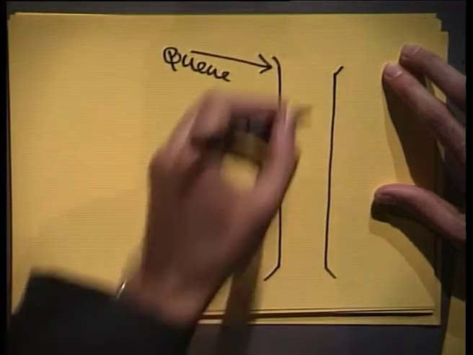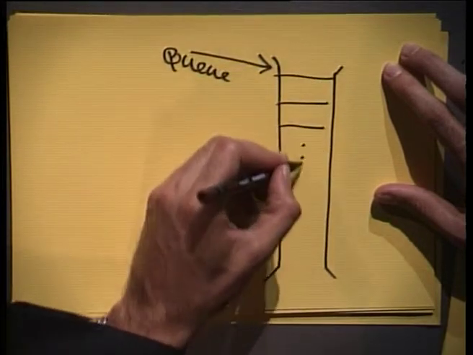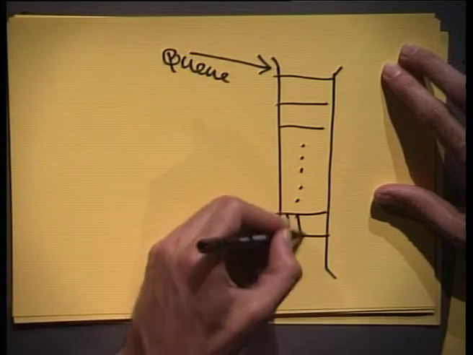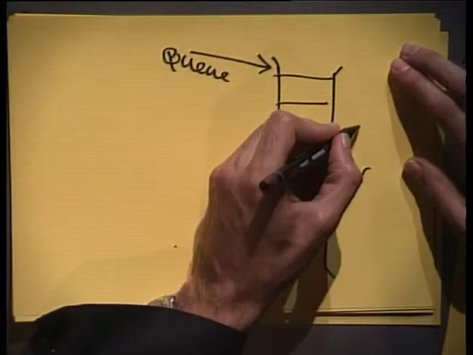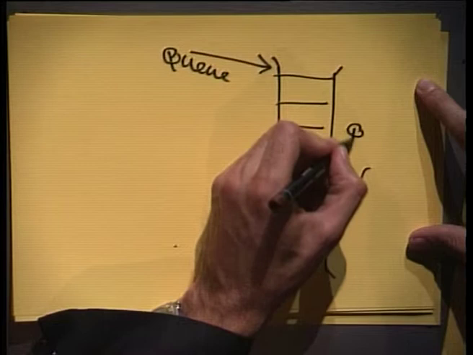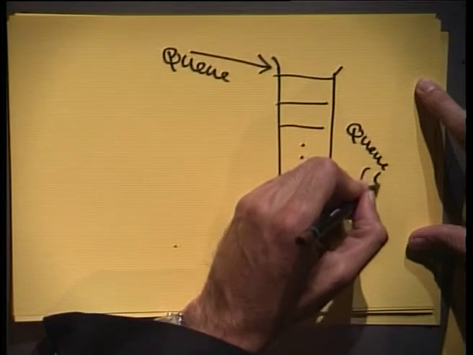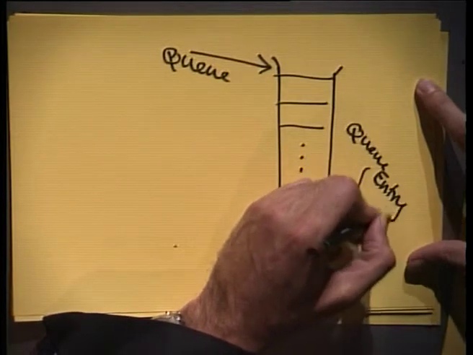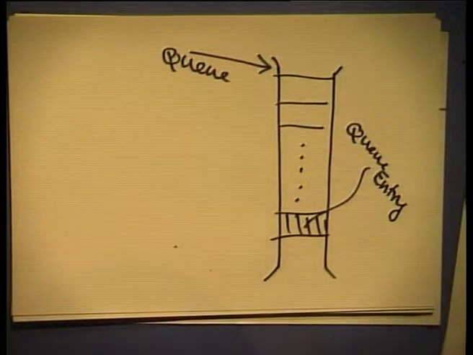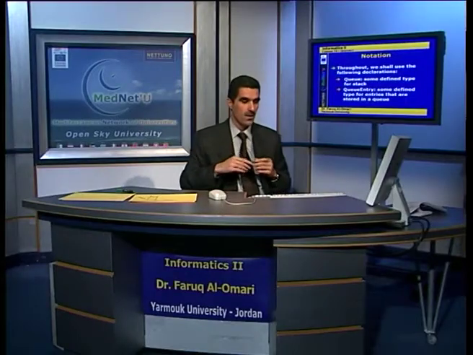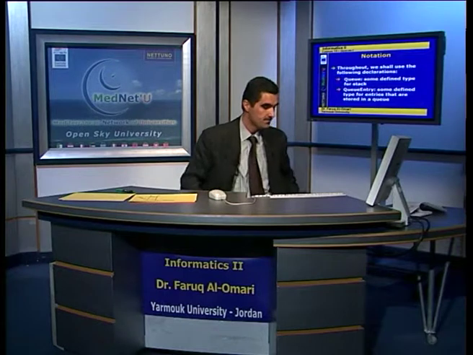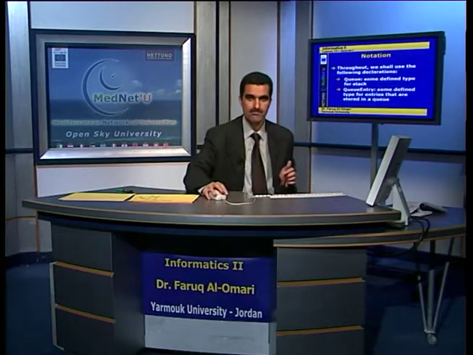All right? And now, inside this structure, I have so many entries. Each one of these is of type queue entry. Okay.